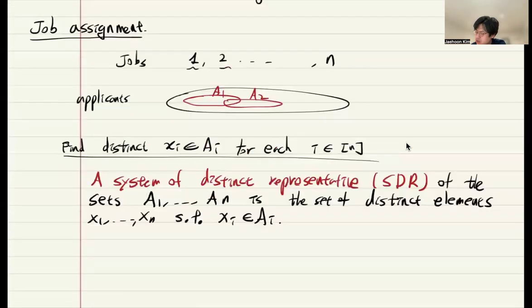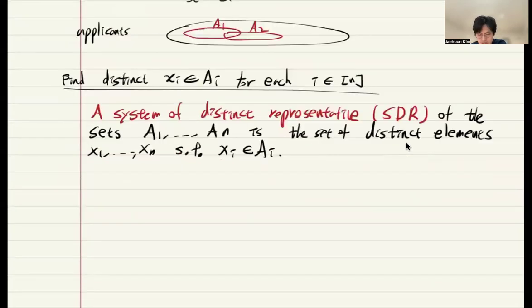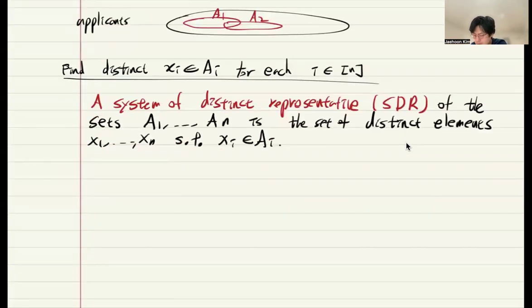And there is a natural way to consider graphs in this problem. And how do we do this? We consider the following concept.